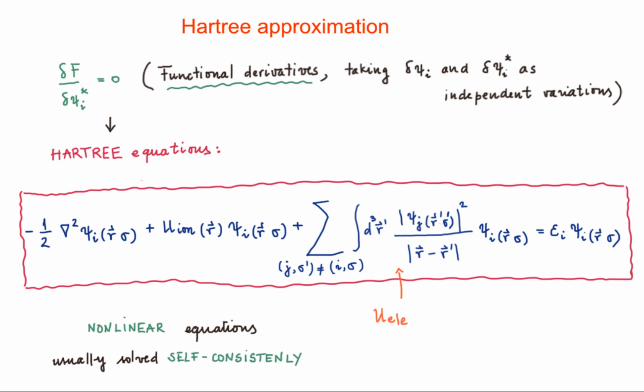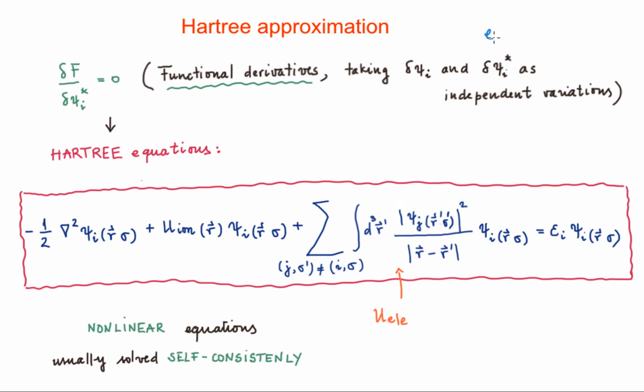And doing that, we need to do a functional derivative. We are going to do the functional derivative with respect to psi or psi complex conjugate, because we could consider that they are like independent, different wave functions.